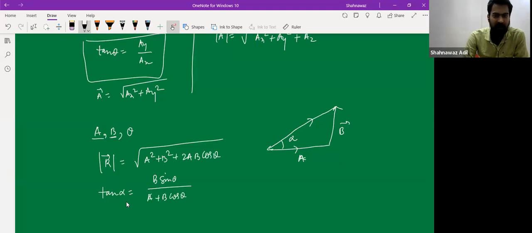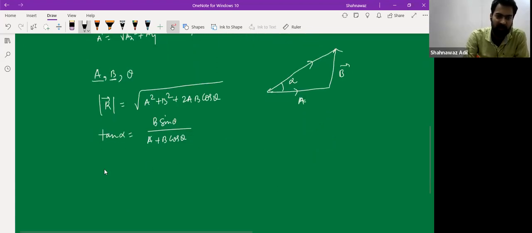And if I take the subtraction of 2 vectors, so this is A plus B, and let's say I take A minus B, then what would be the magnitude?